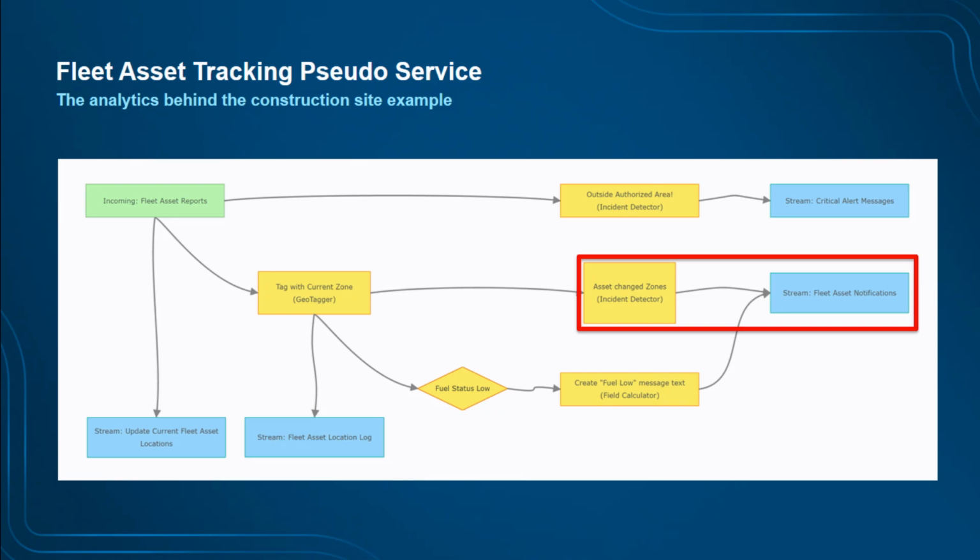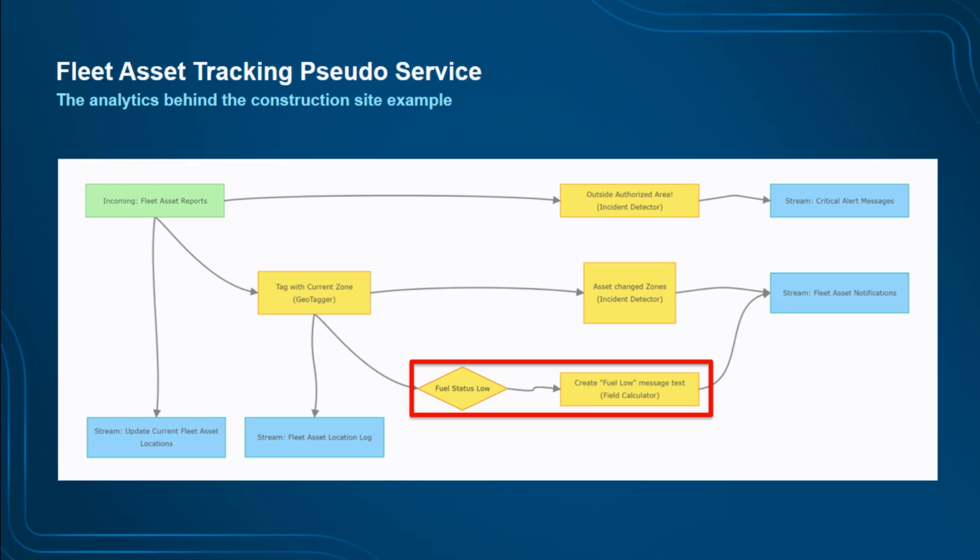Other parts of the service designer alert us, give us notifications when a vehicle moves from one zone to another. These are routine alerts. Something that wasn't illustrated in the video was the ability to send any sort of a notification of attribute status of a vehicle. Suppose that it reports that it's low on fuel as part of its regular status update message.